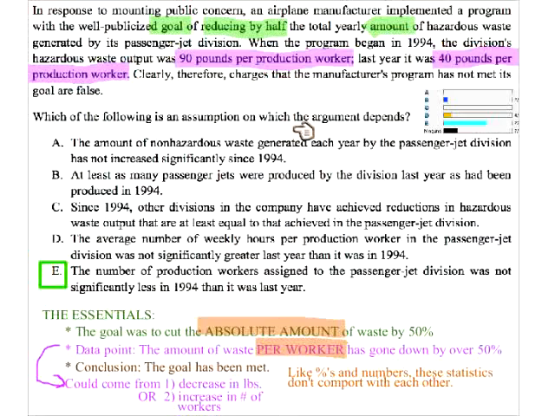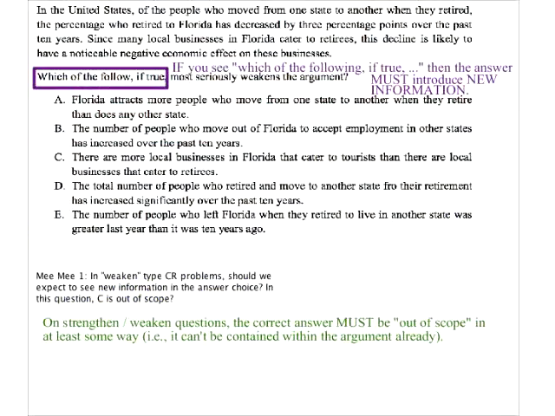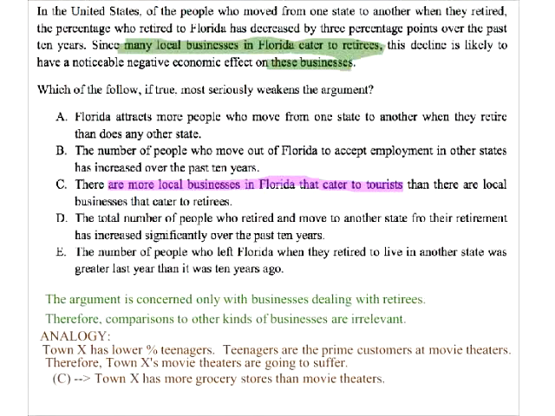Kurt, I still don't really understand what you're asking me. These are not quant problems, so it's not like there's going to be some objective amount of detail that's necessary. If the answer choice is wrong because it's irrelevant to the topic, I generally trust that it'll be enough to say here's why it's irrelevant. But if you still don't understand why some choice is wrong, then it's best to make an analogy, kind of like this one that we made here.